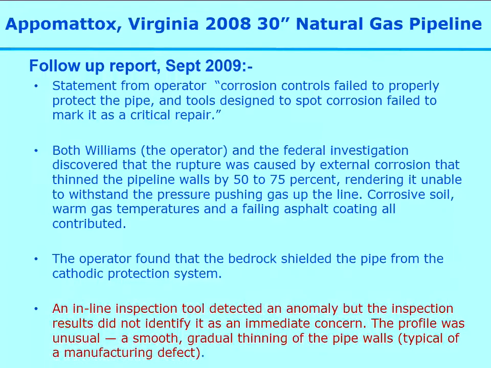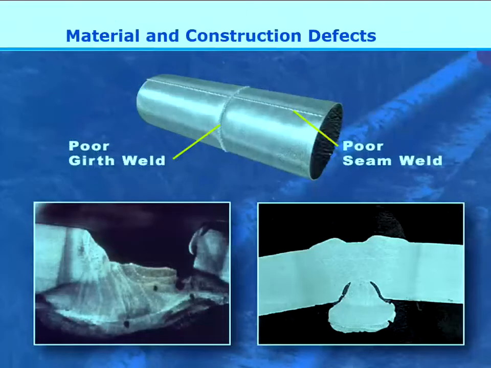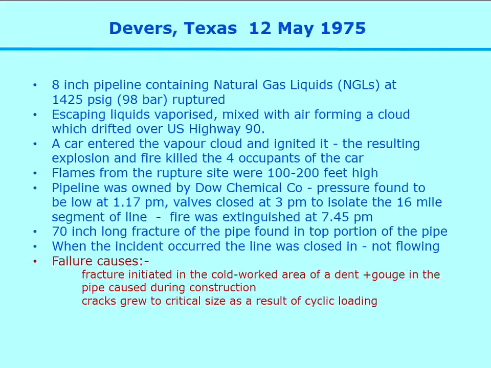The failure cause in this case was the fracture had initiated in the cold work area of a dent and gouge in the pipe caused during construction. So obviously whatever inspection it had been subject to following construction had not been specifically detailed, and it did have a dent gouge combination, which often, because of the cold work to the material, has crack-like defects in it, and the cracks grew due to pressure cycling.